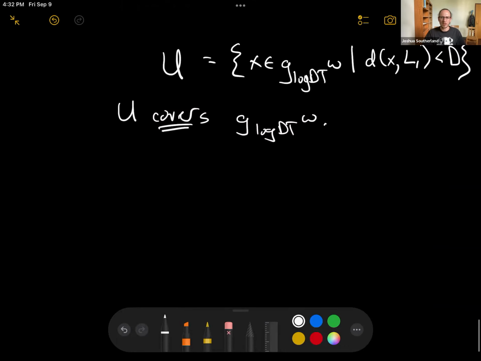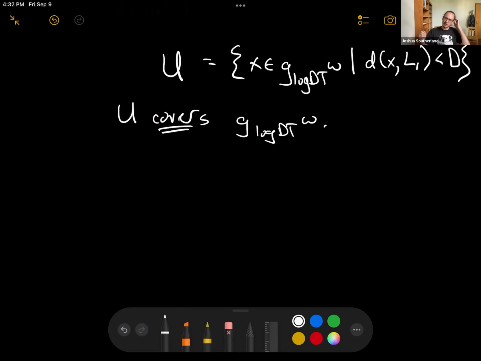Okay, so now we have this u, and the purpose of this u is to give us a handle on some dimensions inside of the translation surface. So we know that this shape is covering the translation surface. And now I'm going to go backwards along the geodesic flow to where we started, and then I'm going to look at the image of this cover under the inverse, right?